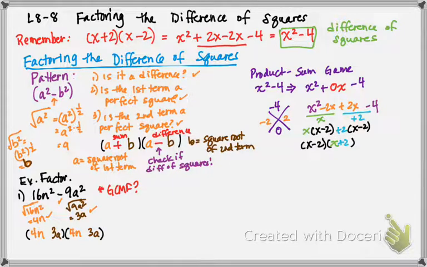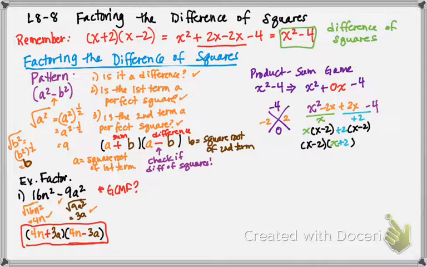And then we're going to get one sum, one difference. The only place I need to look is at this guy, the second one, and see if I can continue taking square root of both parts. Now, 4n, 4 is a perfect square, but n isn't. So as soon as I see something that I can't take the square root of, I finish up. So there's my answer. 4n plus 3a and 4n minus 3a.